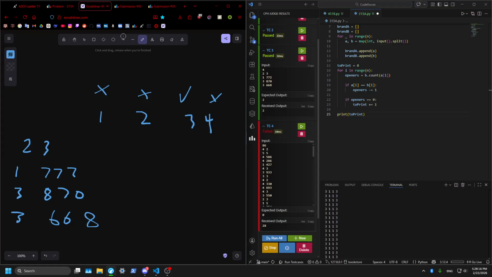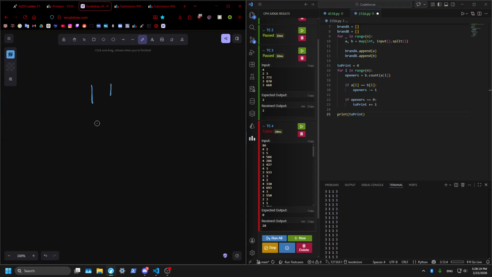Okay, I'm trying to figure out a case like 1, 2, 2, 1. Now we're here. Openers equals 3, but openers equals self, so 1. So minus 1, which is 2.